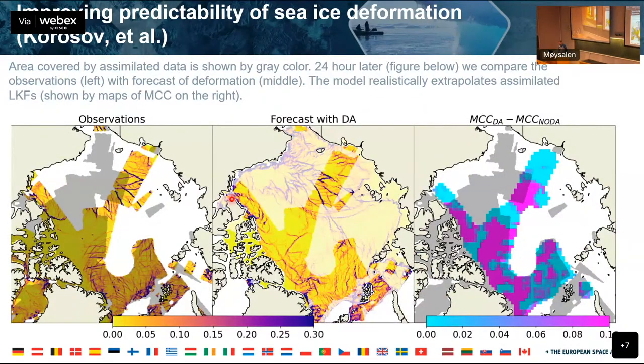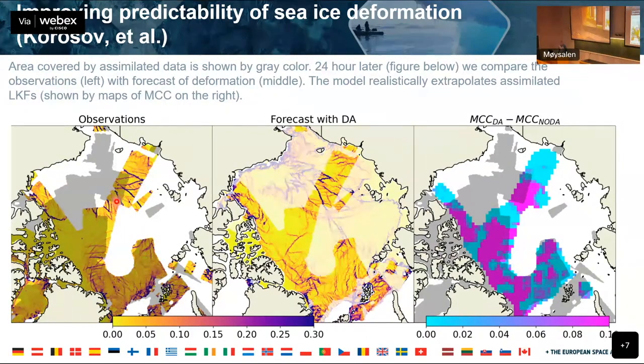What's also interesting is that when we have data on sea ice deformation with gaps because of not optimal acquisition by Sentinel, we can still improve the forecast outside of the data coverage. So on this map, the gray color shows the coverage by the observations that were assimilated, and the colored field shows the observations on the next day.